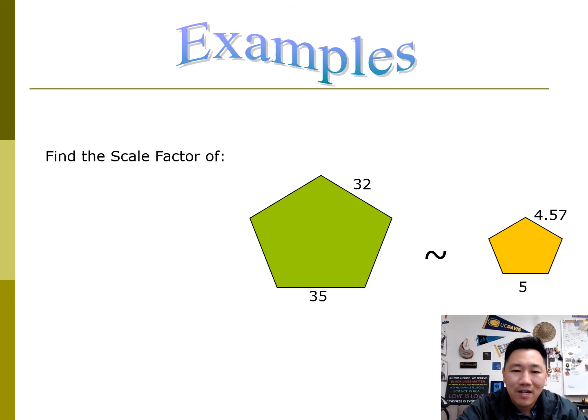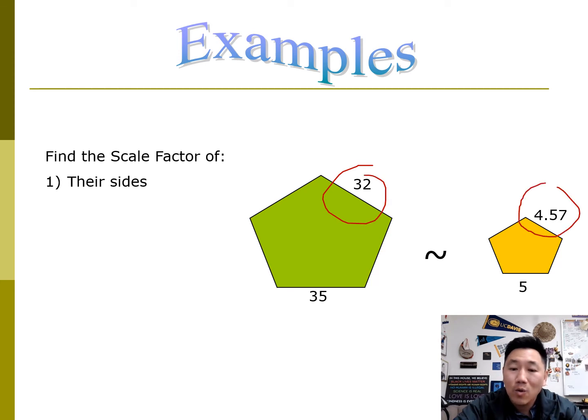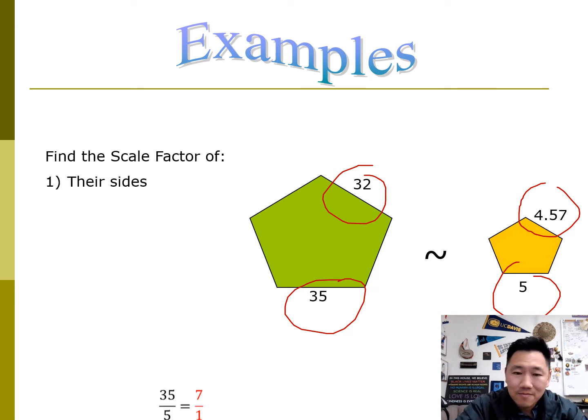Find the scale factor of their sides. All right, so now you have a few choices. You can use this side compared to this side, or you can do this side compared to this side. Both will get you the same answer, but you obviously want to choose the easier one without the decimal.